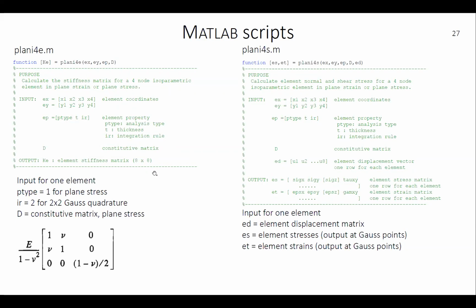And then, I'm not sure if you need the constitutive matrix as inputs. Oh yeah, of course you do. Sorry. So what is denoted here, D, is what you are used to have as E, the constitutive matrix. So that needs to be defined as well. For plane stress, it's described like this as a function of the Poisson's ratio.